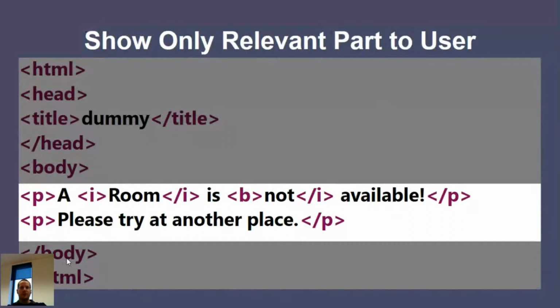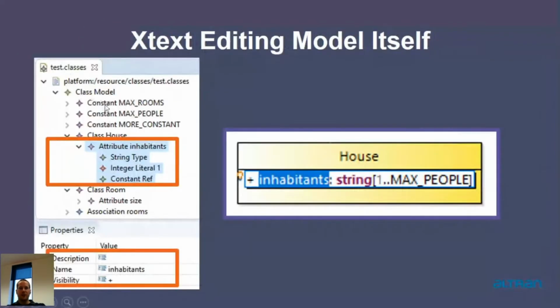The other possible source for Xtext editing is the model itself. As you can see here, this is the tree representation of the model. We already saw it. There is a class House, which displays this box. And there are attributes.